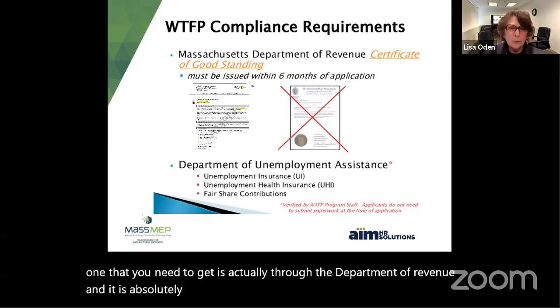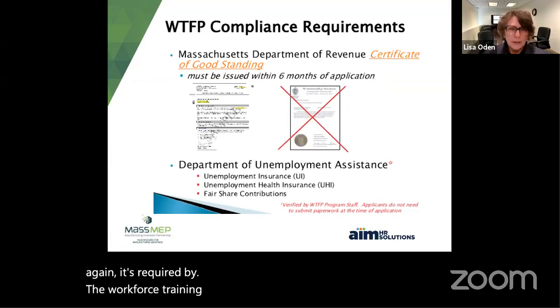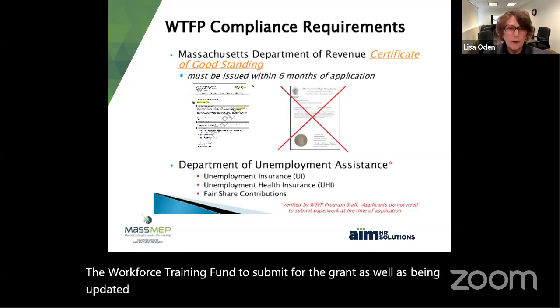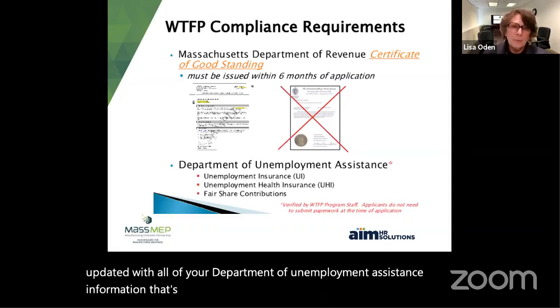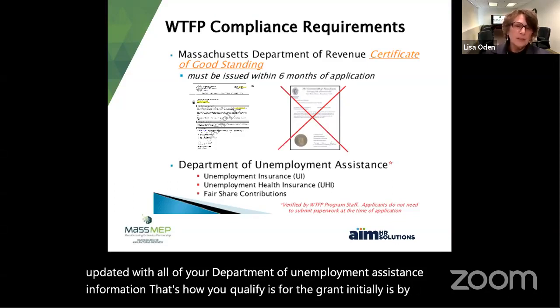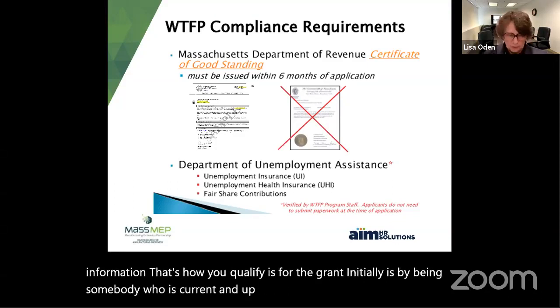So that's the good news there. And this is, again, required by the Workforce Training Fund to submit for the grant, as well as being updated with all of your Department of Unemployment Assistance information. That's how you qualify for the grant initially, is by being somebody who is current and up to date paying into the UI system in the state of Massachusetts.